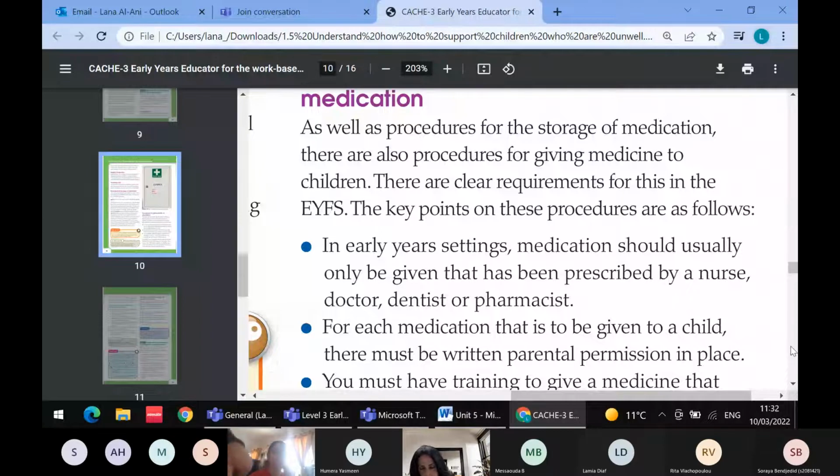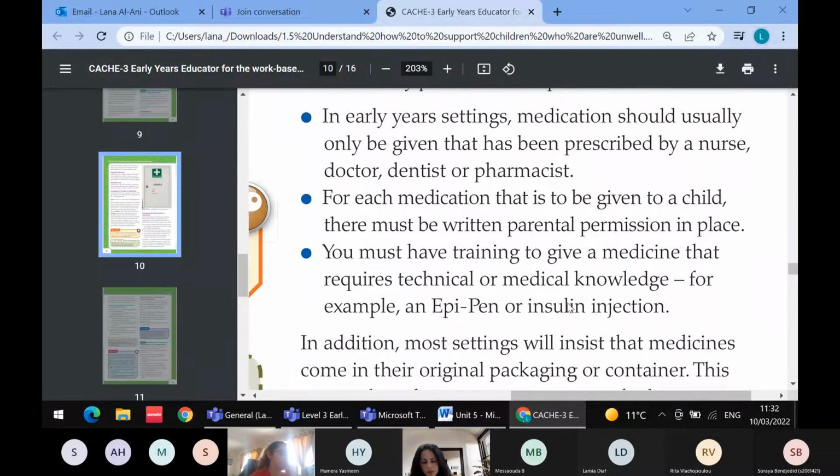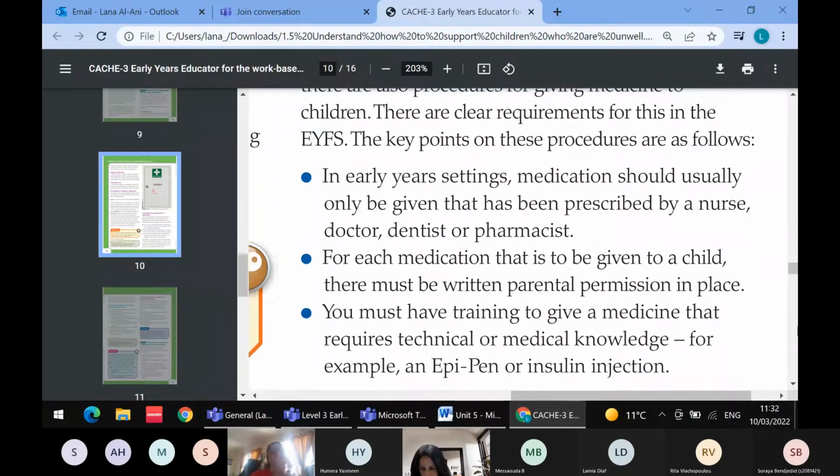So what do we do? Obviously, we need to keep them stored in a cupboard. We lock them with a key. That's according to EYFS regulation. What else? We have to follow the rules that the doctors or nursery have given us, our recommendation. Very good.